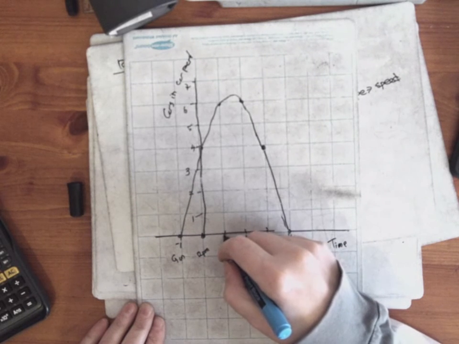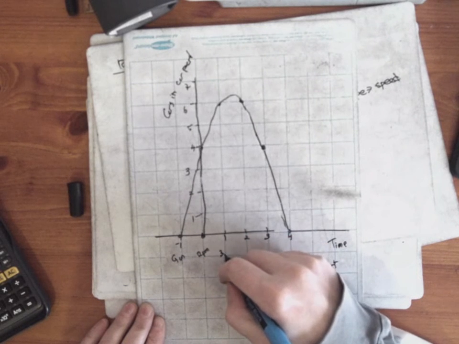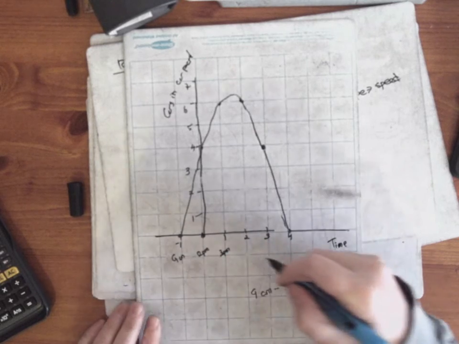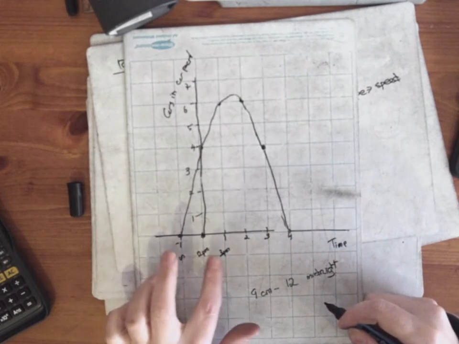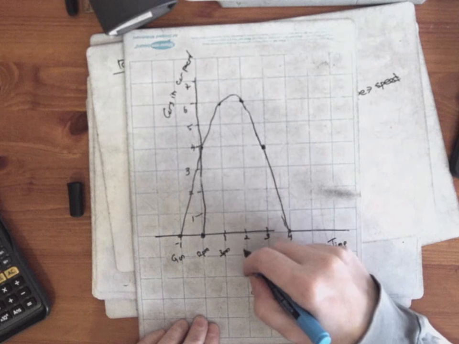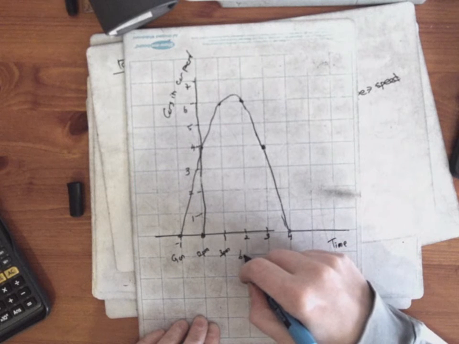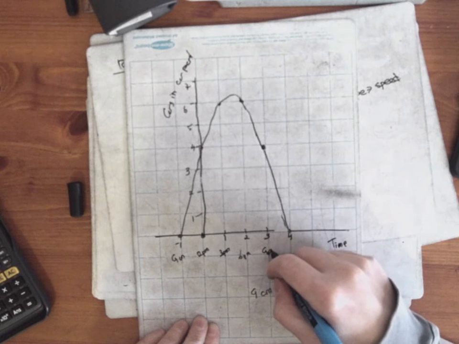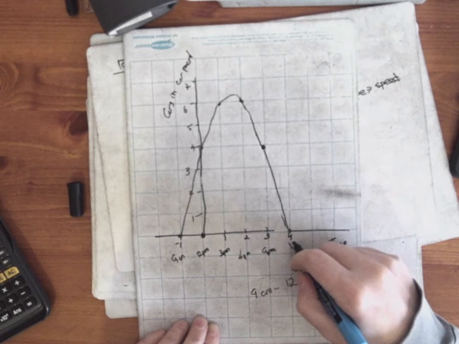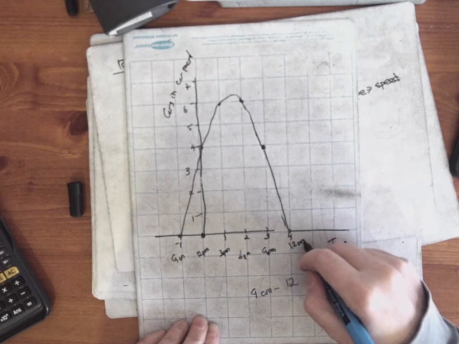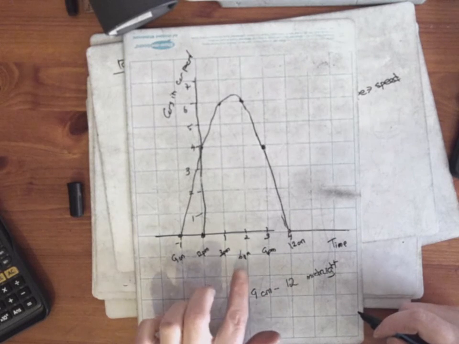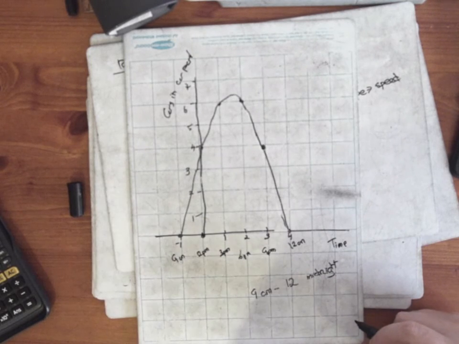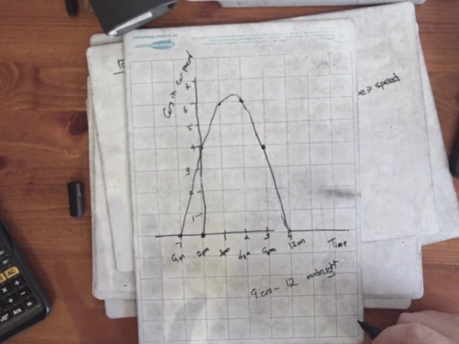Then the next unit is 3 p.m., then 6 p.m., then 9 p.m., and then 12 a.m., or midnight. So they tell you in the question what the intervals represent. In this question it was every 3 hours.